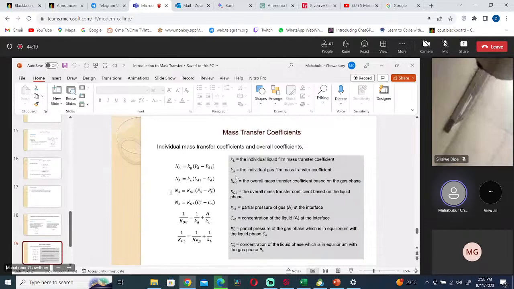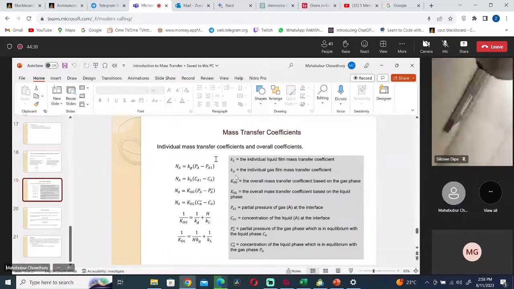You can also say that NA equals KOG times PA minus PA star. Your KOG is the overall mass transfer coefficient based on the gas phase. What I'm trying to show here is that this is all analogous to whatever you have seen already in the heat transfer process. Exactly the same thing.